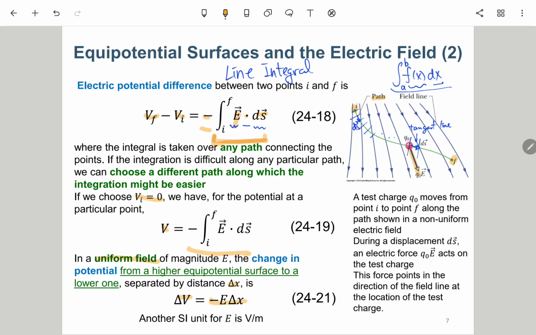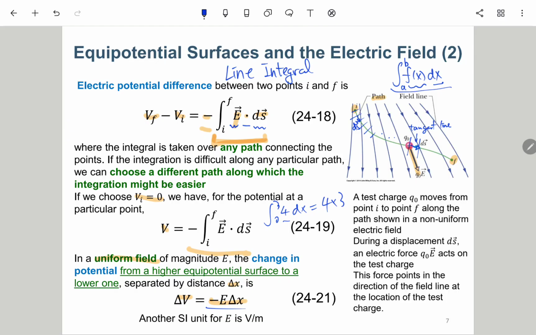So it still turns an integration into a multiplication, just like integrating 4dx from 0 to 3, which is 4 times 3, where 3 is the delta x. Of course we have a negative sign in front.